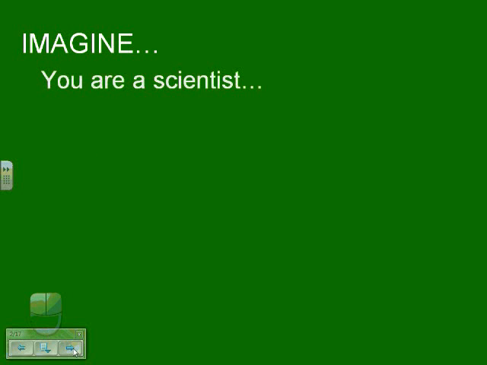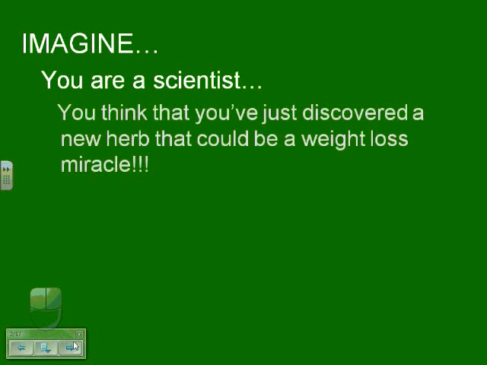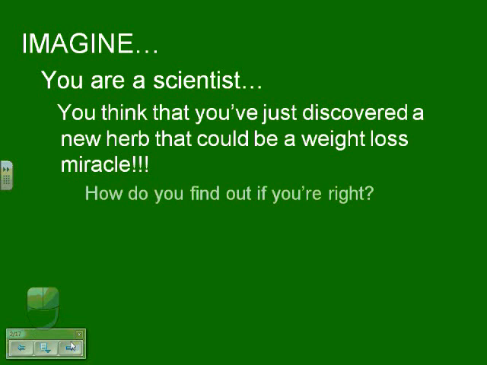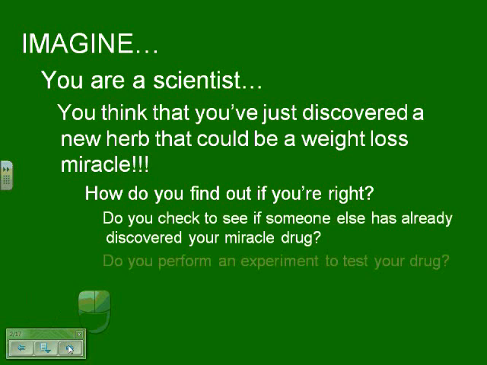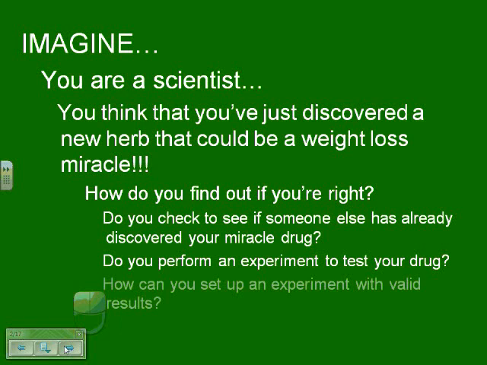So first one that we're going to talk about is the scientific method. What I want you to do is imagine that you're a scientist. You believe you just discovered this great new weight loss drug that possibly may be a miracle. You think you've discovered an herb, and an herbal weight loss drug would be even better because people would have that idea of being all natural, coming from the earth.